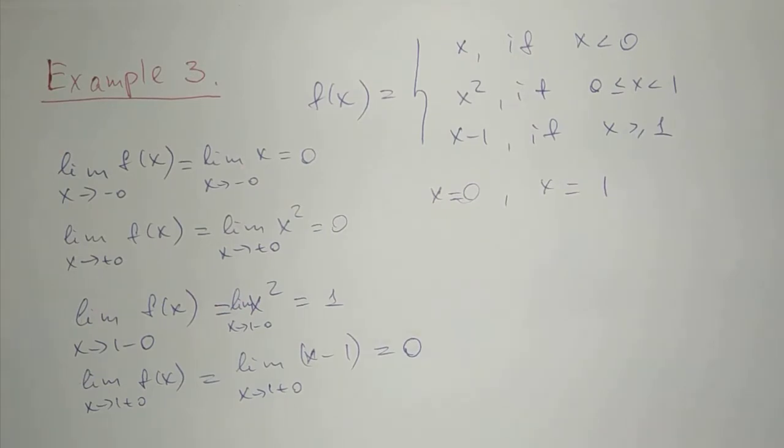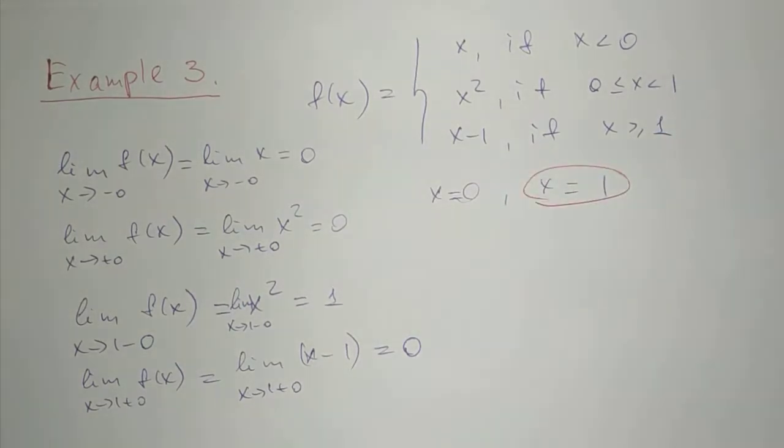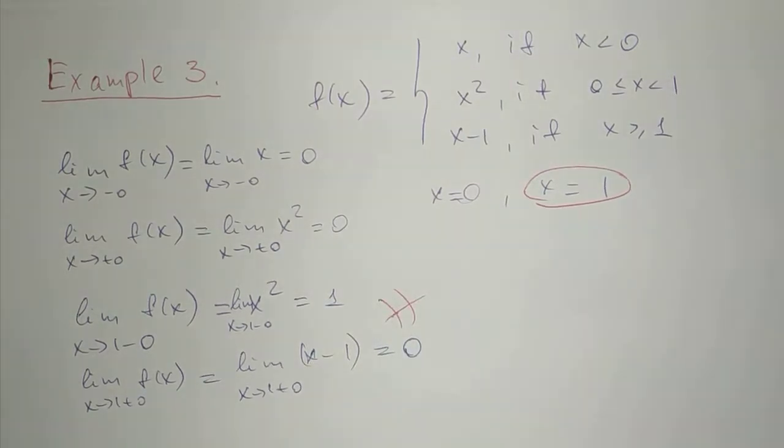So what can we say here? At the point x is 1, there exist one-sided limits, but they are not equal. The first one is 1, the second one is 0. They are not equal to each other.